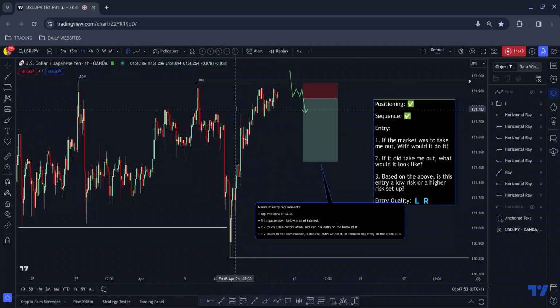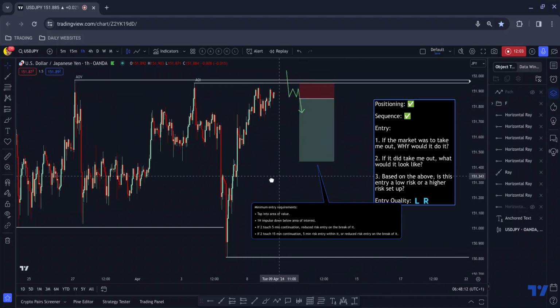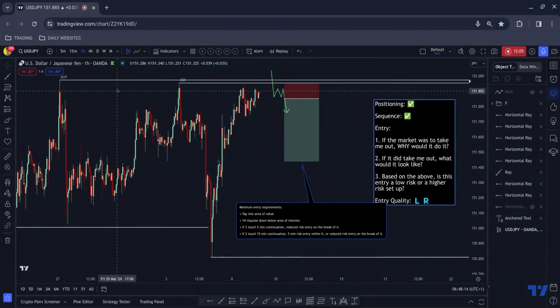The answer is yes. What would the sequence look like? Well, if we got this, it would be the first flag in the sequence to the downside. So by definition, the sequence would look good because there wouldn't have been any previous corrections for me to be able to gauge the sequence of corrections on the way to the downside, if that makes sense. If the market was to take me out, why would it do it?